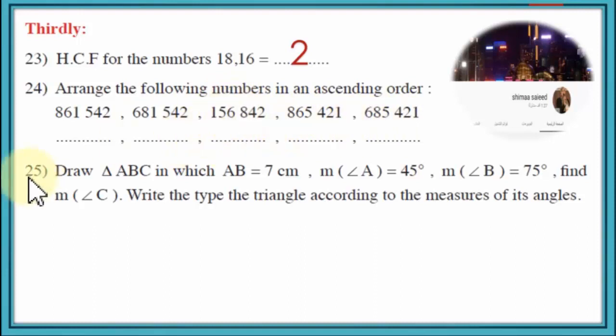So the smallest one is 100,000. 156,864. 156,842. After that we have 600,000 and another 600,000, but this is 681,000 and this is 685,000. So 681,542 is less than 685,421.